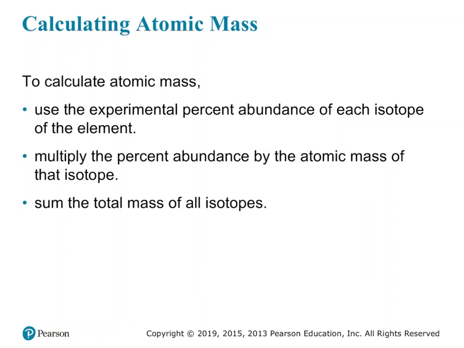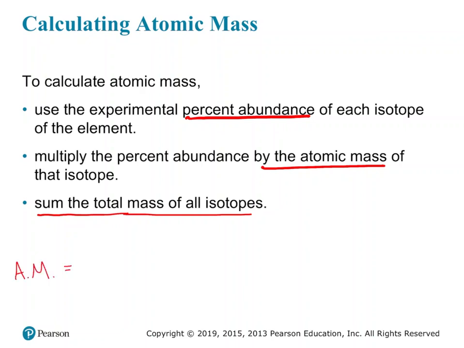So to calculate that atomic mass, we're going to use the percent abundance of each isotope, and we're going to multiply that percent abundance by the atomic mass of the isotope. And then we take the sum of the total mass of all isotopes. All right, so atomic mass is equal to, so we're going to take the percent abundance of isotope 1, let's say, and multiply that by the mass of isotope 1.